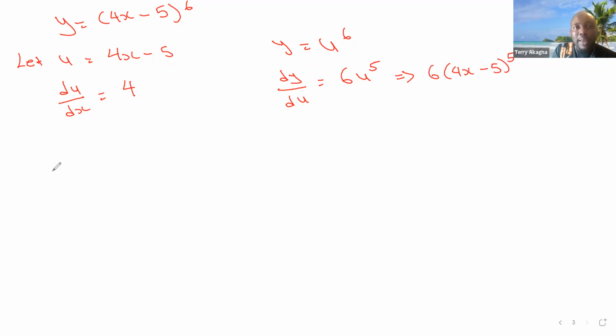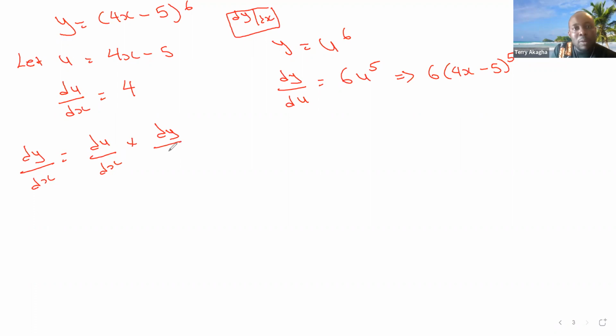5. So like I said, we're looking for dy over dx, okay? This is what we're looking for. And we know that dy over dx is going to be du over dx multiplied by what? dy over what? du. The u here cancels here, so that means you have dy over dx.